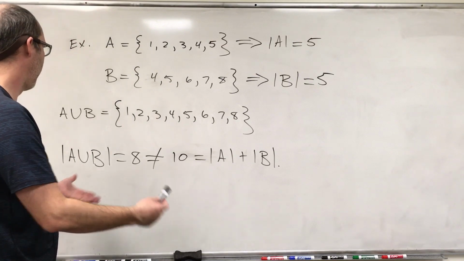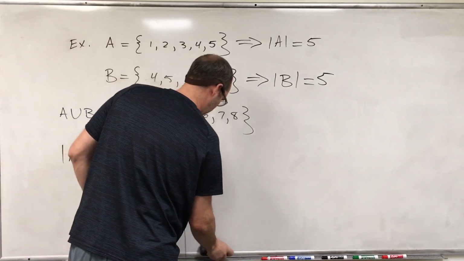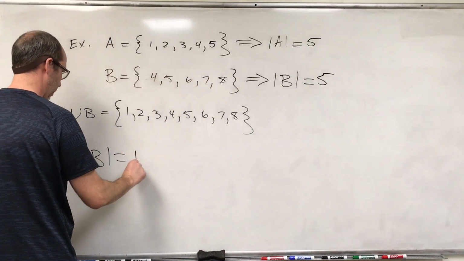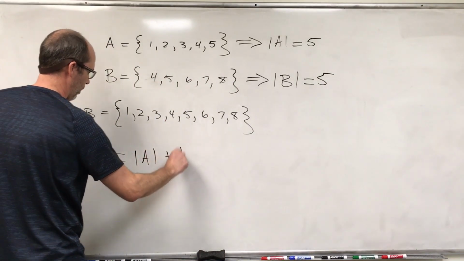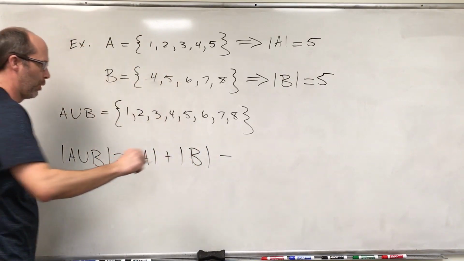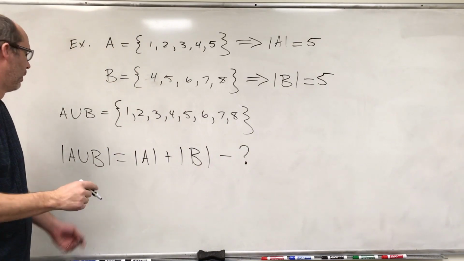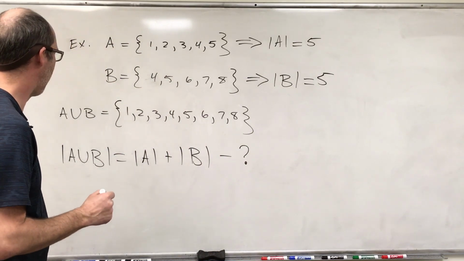What do we have to do to make them equal? We're going to subtract off something, so let's think about what we have to subtract off.